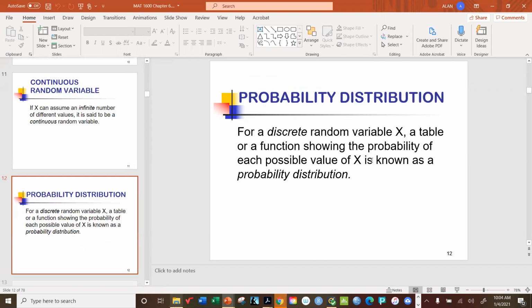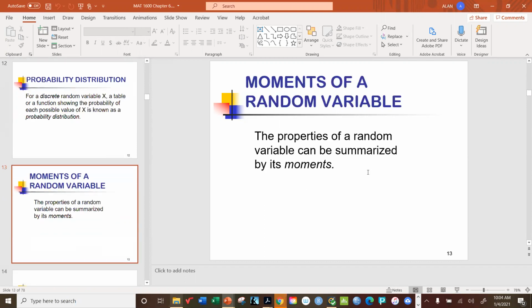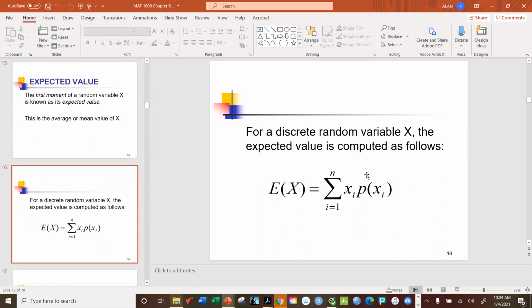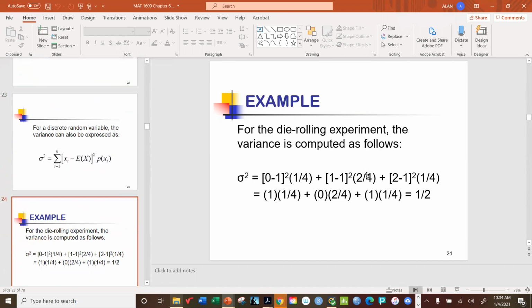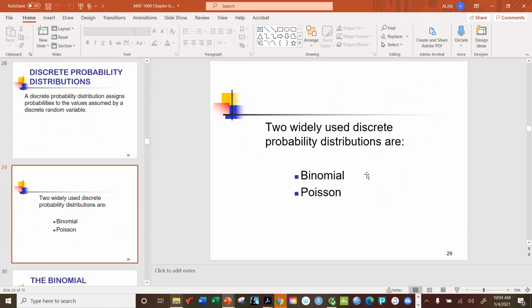We also introduced 2 very important cases of discrete probability distributions. Let's jump ahead and find them. The binomial and the Poisson. So if you recall, the binomial distribution is used when we have a series of independent trials, and on each trial, there's only 2 possible outcomes.